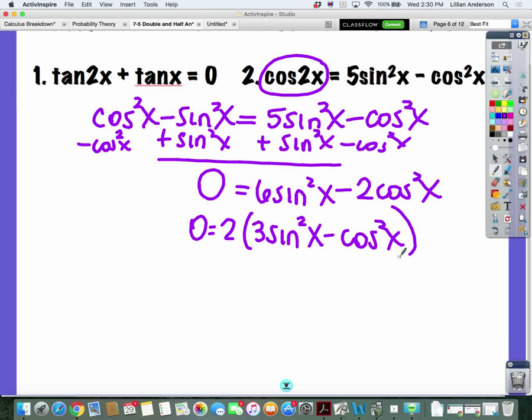I heard something about the Pythagorean identity. Careful, that's sine squared x plus cosine squared x, and it wouldn't be a negative one unless both of them were negative. So can't use that. I can change either one of these so that it matches the other. Doesn't sine squared x equal 1 minus cosine squared x?